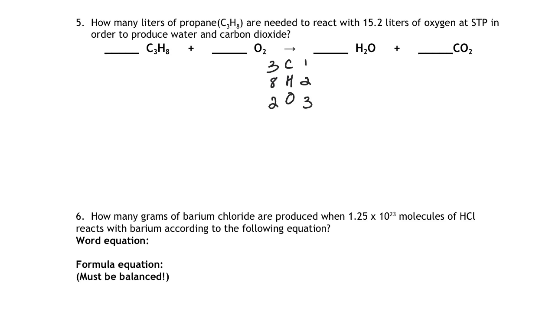So I'm going to start with carbon, and I'm going to go over here and try 3. If I have 3 here, that means I've got 3 carbon now. 3 times 2, and I've got 6 oxygen, plus 1. Let's go ahead and just update that total. I've got 7 oxygen on that side. Now I'm going to deal with my hydrogen. I've got 8 on one side and 2 on the other.